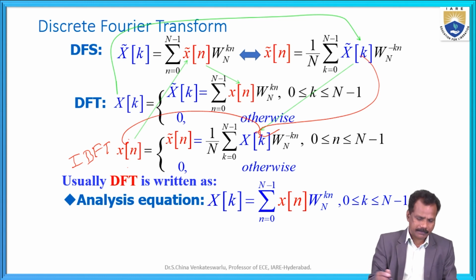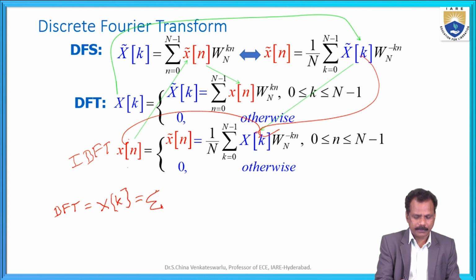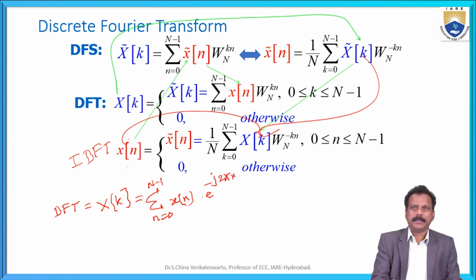X of k is equal to the summation, n equal to 0 to N minus 1, x of n into e power minus j 2 pi n by capital N into k, or nk.